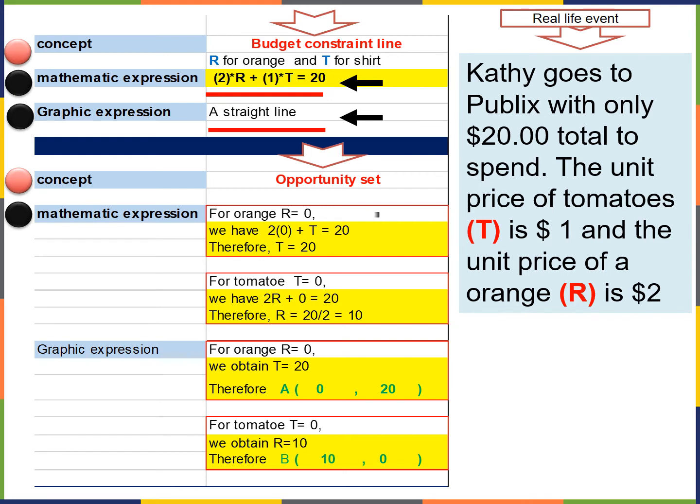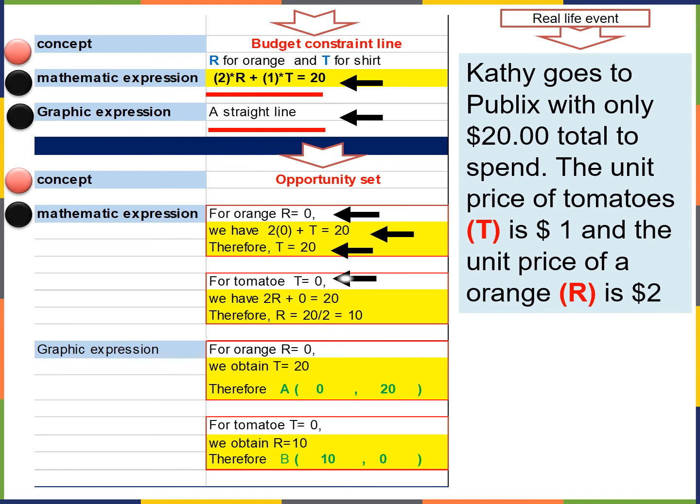If you plug that into your budget constraint equation above, that gives you 2(0) + T = 20, and solving for T, T is equal to 20. That means with zero oranges purchased, all your money will go towards purchasing tomatoes, so you will purchase a quantity of 20.